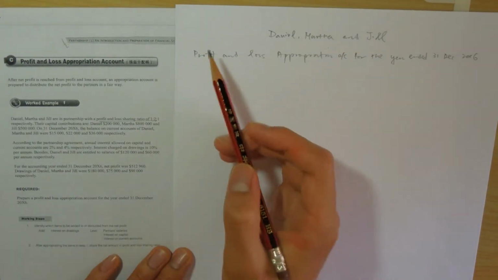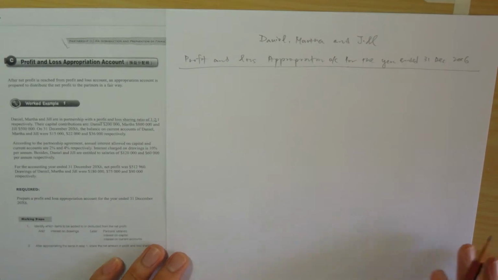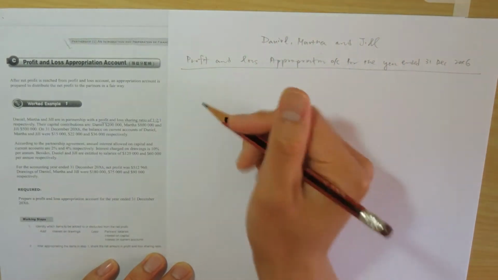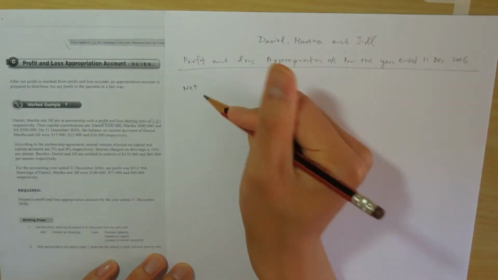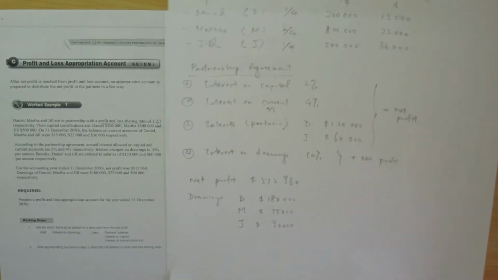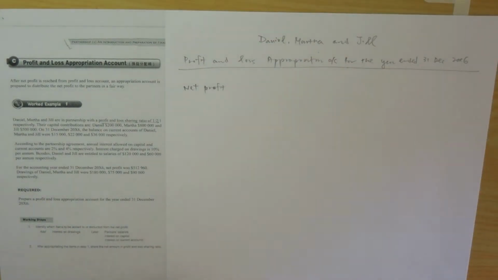Okay. So next we come to the net profit. We have the net profit. The net profit is 5129060.